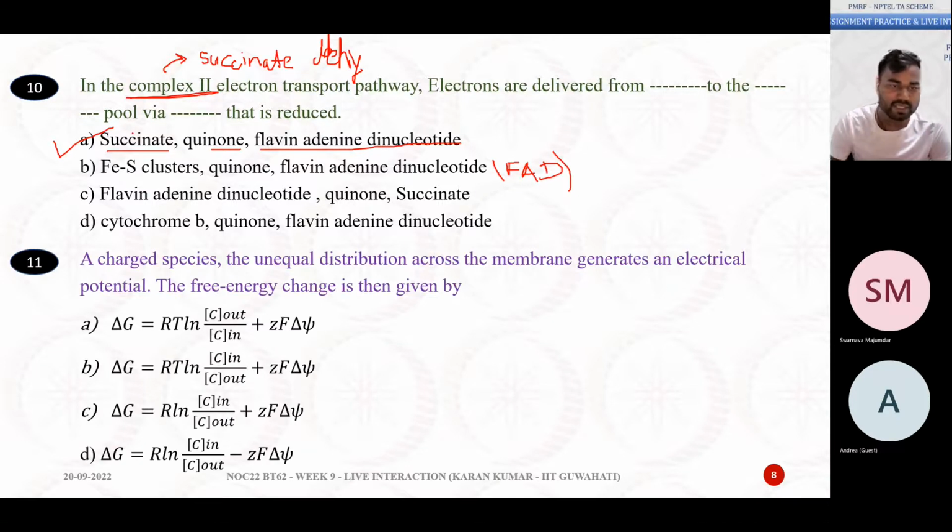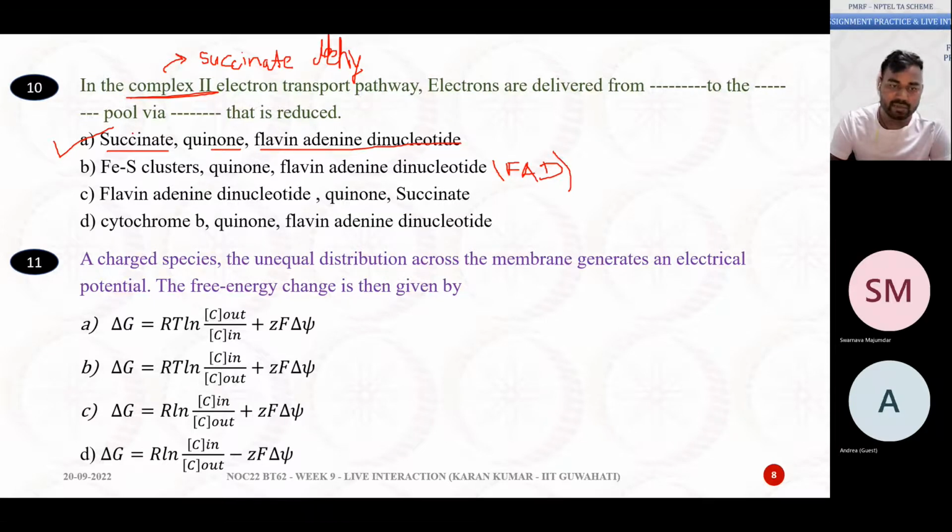Now the next question is: a charged species, with unequal distribution across the membrane, generates an electrical potential. The free energy change is given by which equation? This equation will be very useful for you if you want to calculate the membrane potential, like if a certain electrochemical gradient is given to you, like the proton difference or any charge concentration difference of charged molecules such as K plus or Na plus across the membrane.